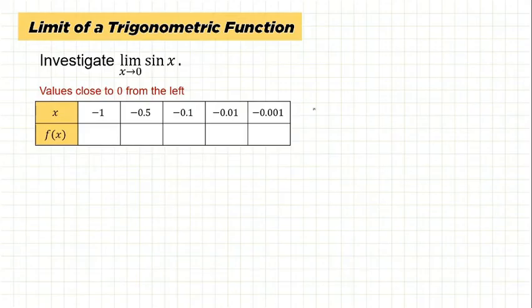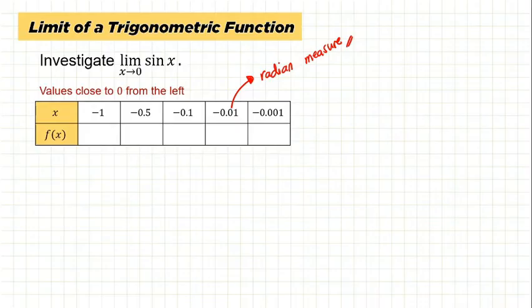So it is automatically understood that the angles here are in radian measure. So if you are using your calculator in evaluating this function, make sure that your calculator is set to radian measure.